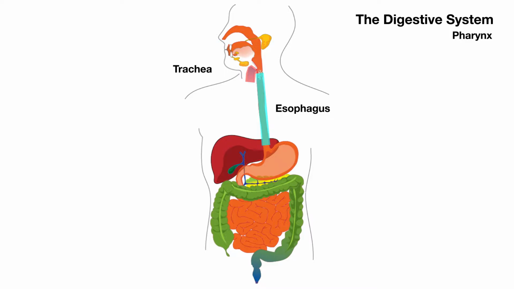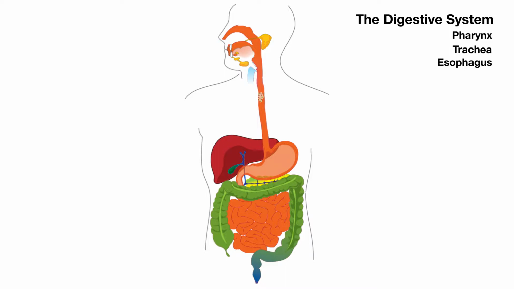You have a special structure called an epiglottis, and its job when you swallow is to close over the trachea so that food can't enter into your respiratory system. So when you swallow, this epiglottis closes, allowing the food to pass over the trachea and travel down into the esophagus.